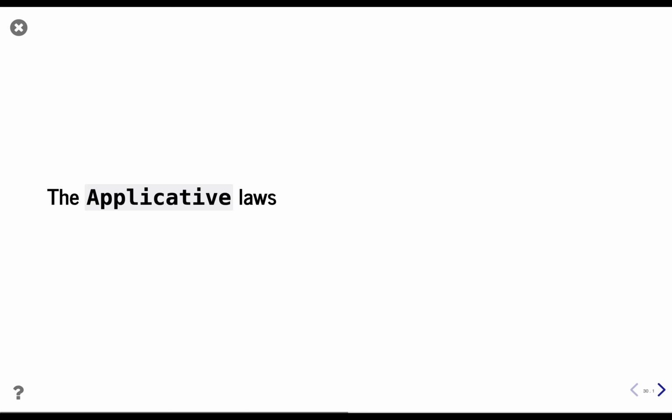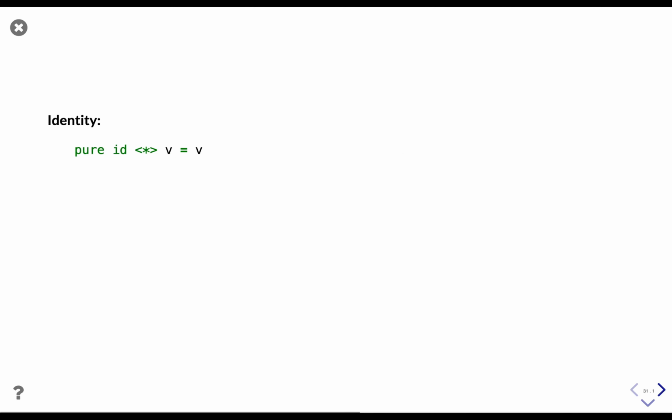So we have to complement it with a few laws. Here they are. We have the identity law. Applying a lifted ID function to an applicative should return the same applicative. This makes sense, right? Same as when dealing with fmap, the apply operator should respect the structure of the functor that is now an applicative functor.